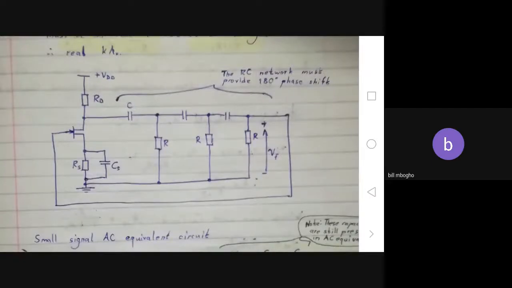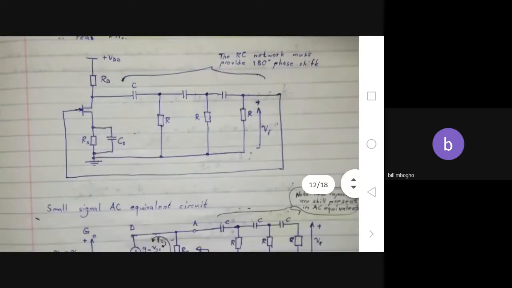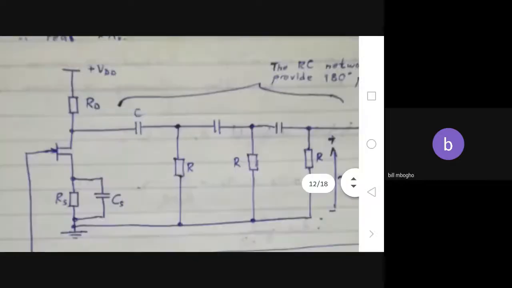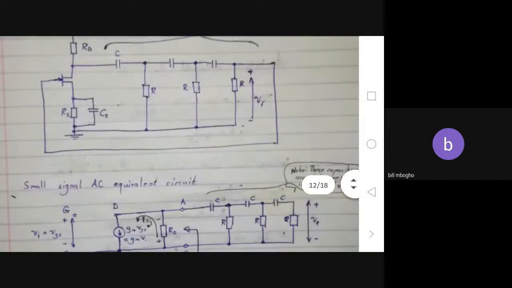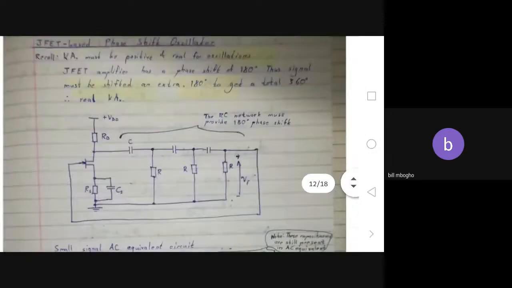It'll have 3 capacitors and 3 resistors in the feedback circuit. The capacitance next to RD isn't CC, it's C. So in the AC equivalent, it will still be there. It doesn't disappear. So yeah, this is the phase shift oscillator.